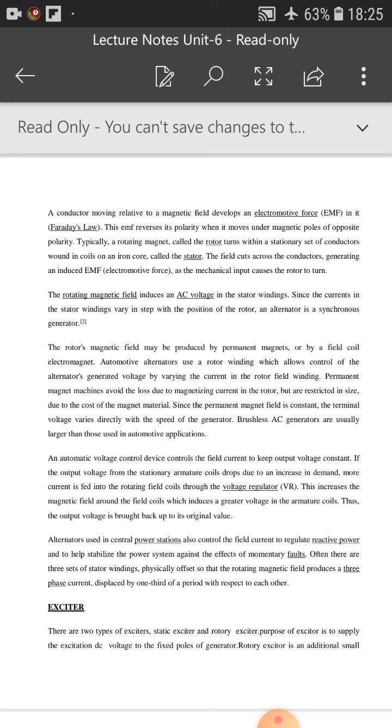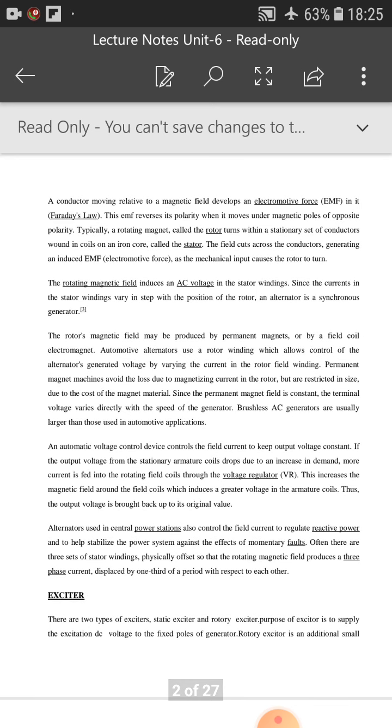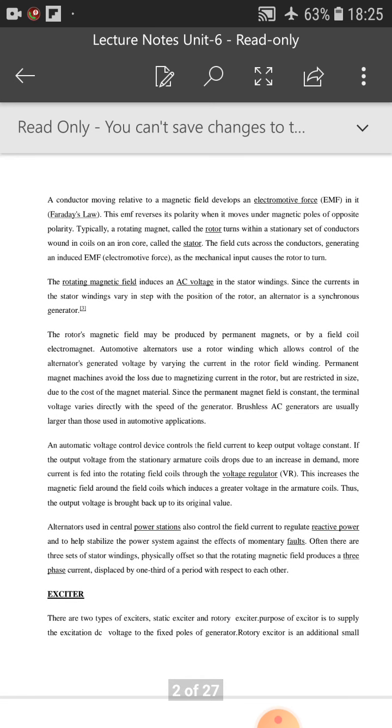If the output voltage from the stationary armature coil drops due to an increase in demand, more current is fed into the rotating field coil through the voltage regulator. This increases the magnetic field around the field coil, which induces a greater voltage in the armature coil. Thus the output voltage is brought back up to its original value.